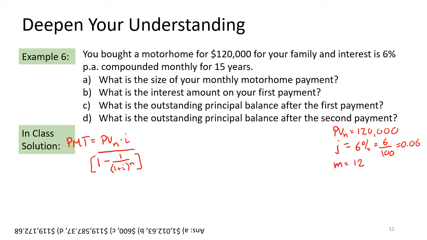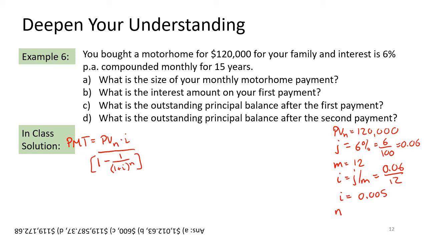You'll see a lot of these examples having monthly payments, and that's just because I'm giving you examples that are common in real life, where you have monthly payments on a car, or a mortgage, or a motorhome, or a four-wheeler, or a trailer, or something, okay? So your periodic interest rate, I, is J divided by M, which is 0.06 divided by 12. And that gives you a value of I of 0.005.